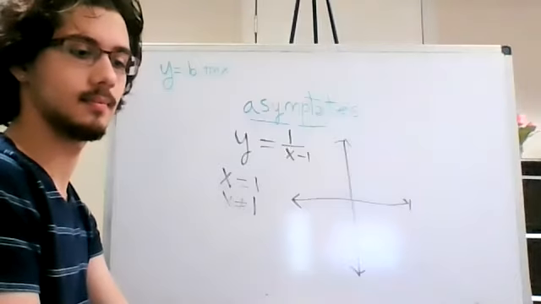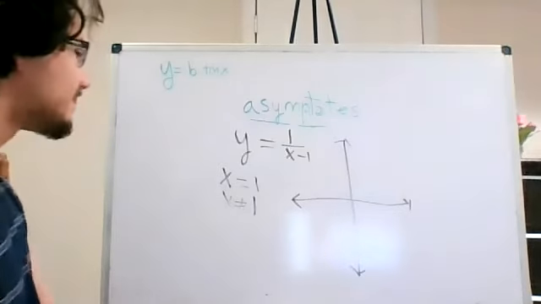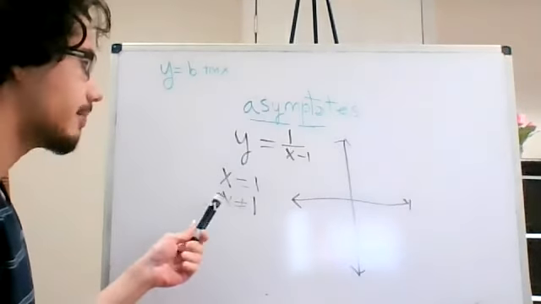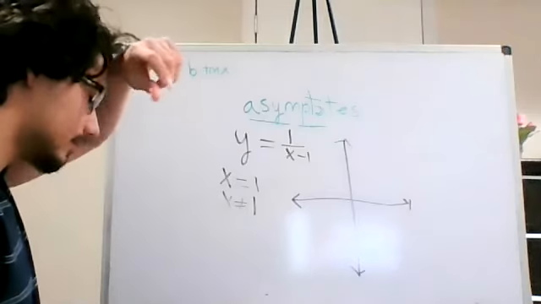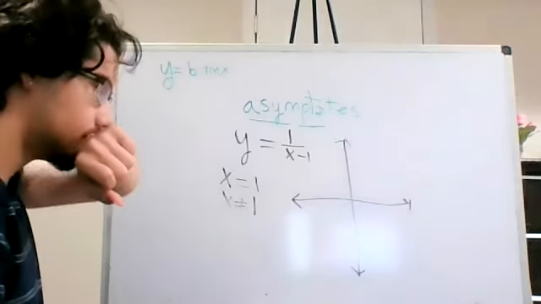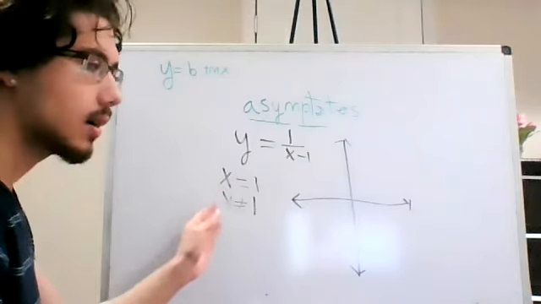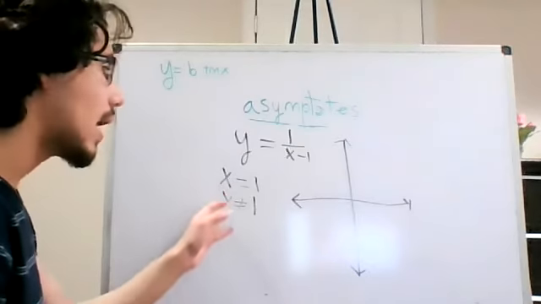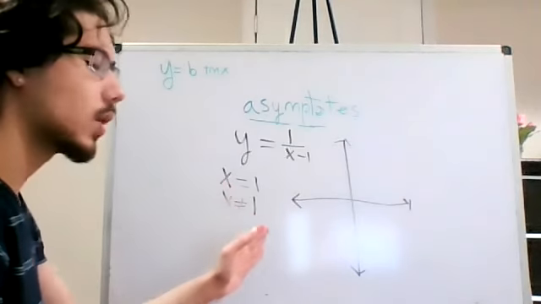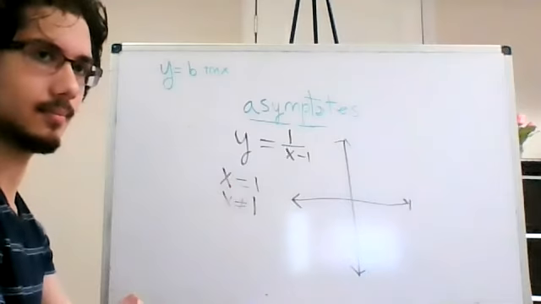Sir, could you repeat yourself? That's fine. Mr. Raj, how would we draw the asymptote x equals 1?